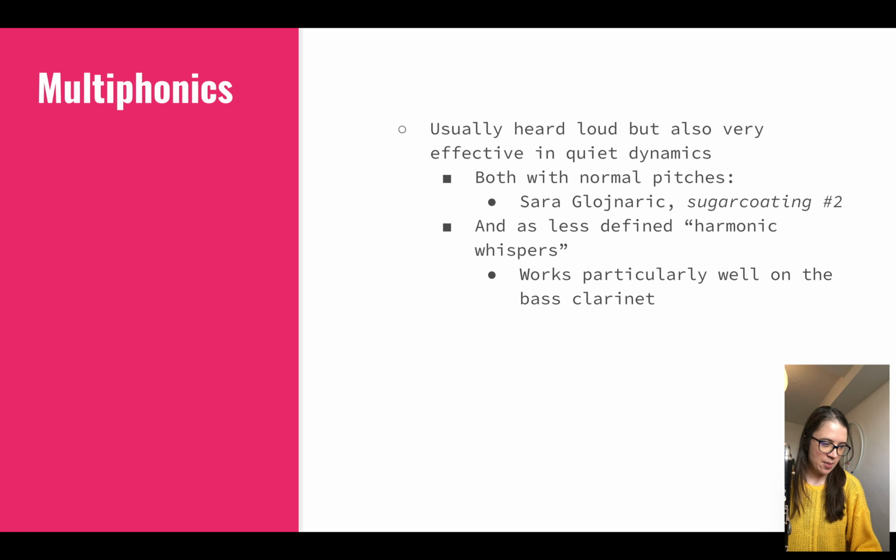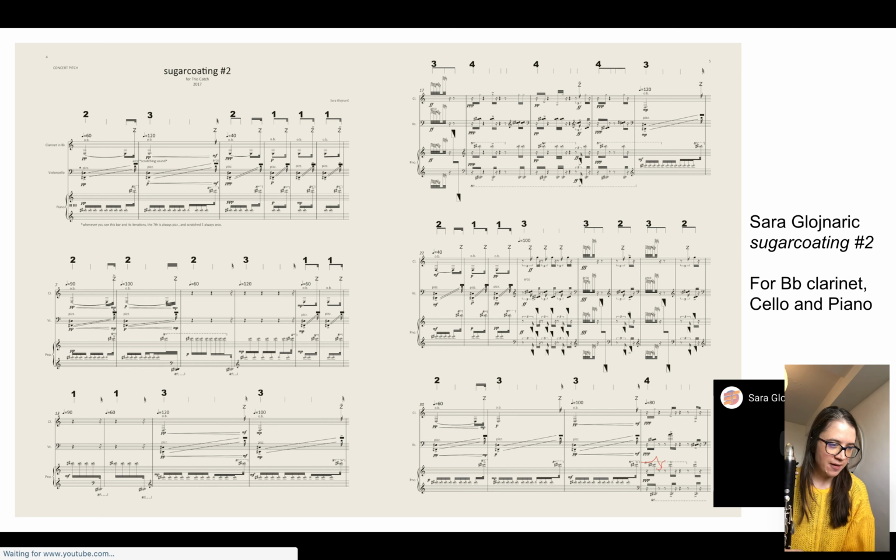So a nice example of this on the B-flat clarinet comes from a fantastic piece by the Croatian composer Sara from her Sugarcoating number 2. And there's a really good recording of this with the score on YouTube, which I'll put the link to below.